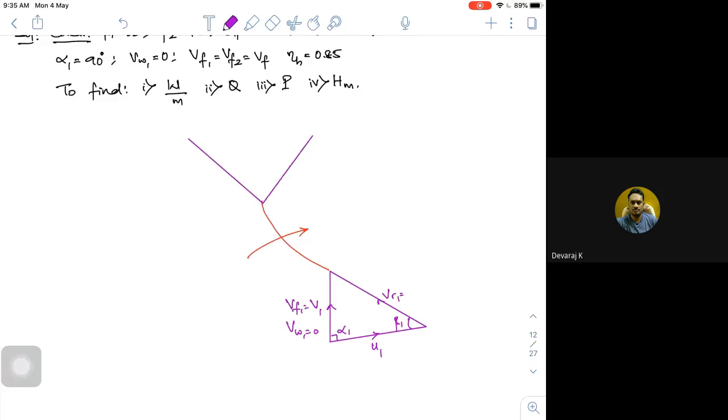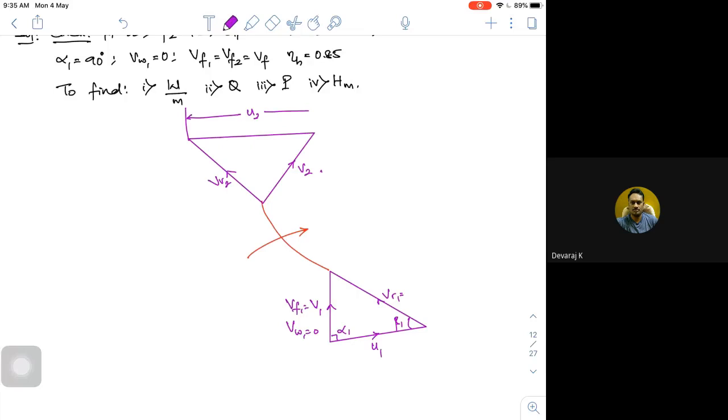The exit velocity triangle looks something like this. Fine. So this is my Vr2, and this is my V2, and this will be my U2.